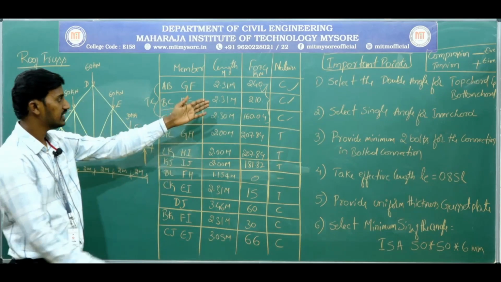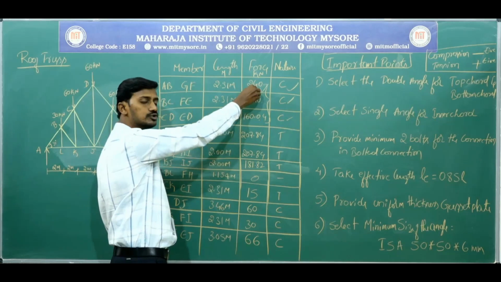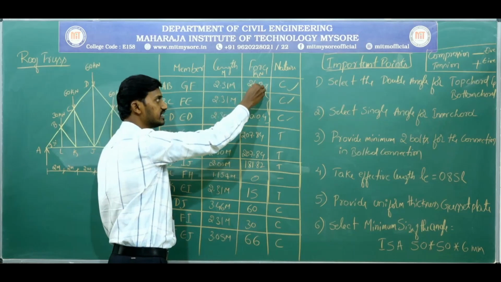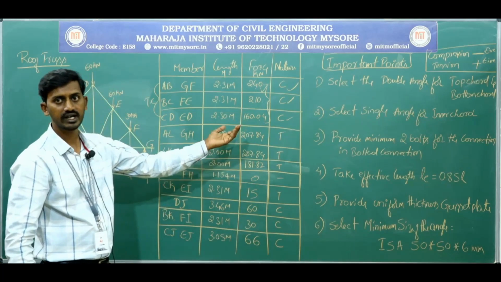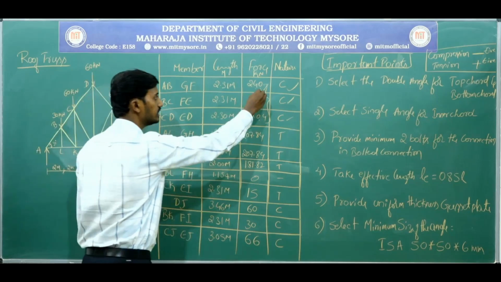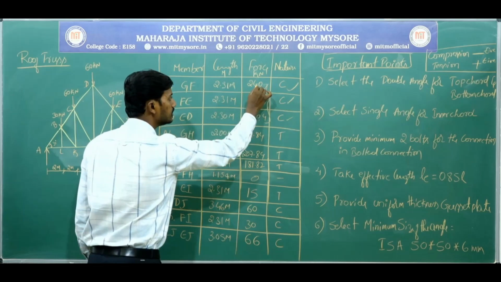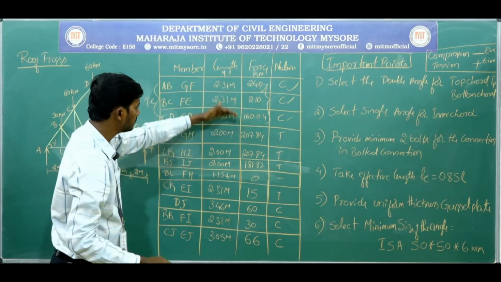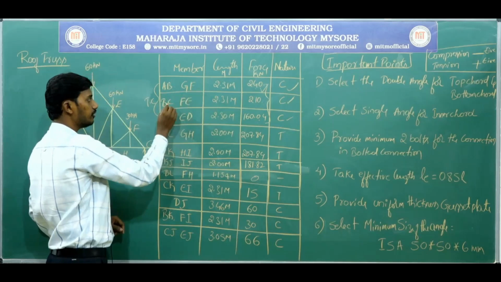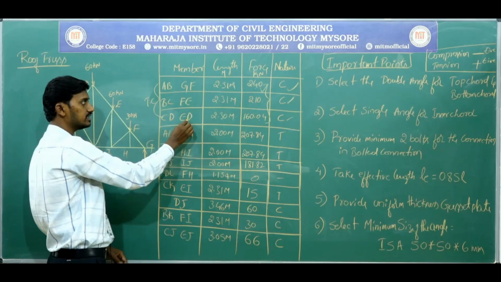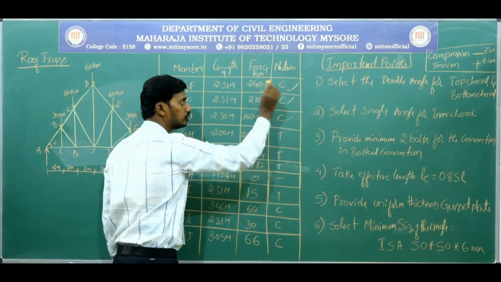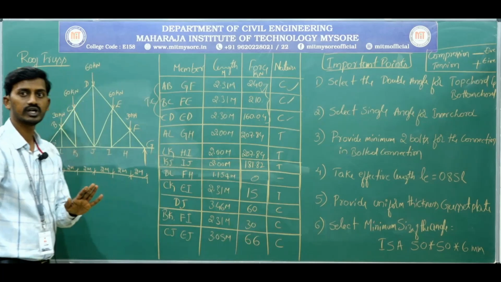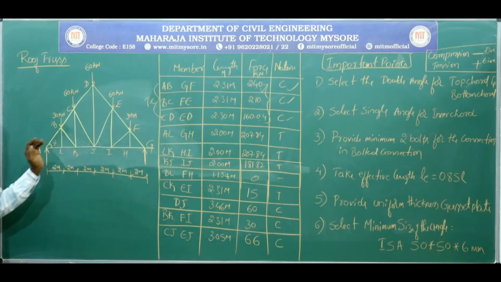If you select the highest of these three, 240, and design for 240, obviously the others will be within 240, so the design will be satisfied. So consider 240 out of these 6 members AB, GF, BC, FE, CD, ED. Out of 6 members, if you select 240 and go with compression, that is enough. No need to worry about many members.